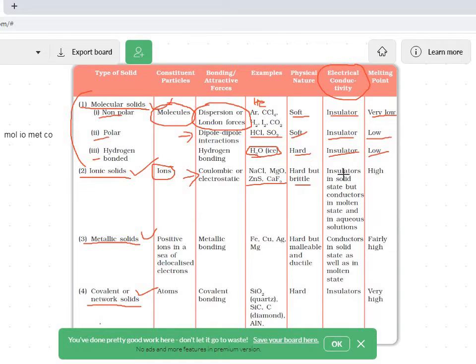Please note, in the solid state they are insulators, but when it comes to the molten state, or let's say in aqueous state, they become conductors. Why so? Because in the molten state, or when they are dissolved in the water, the ions become free to move about, and that's the reason they conduct the electricity.